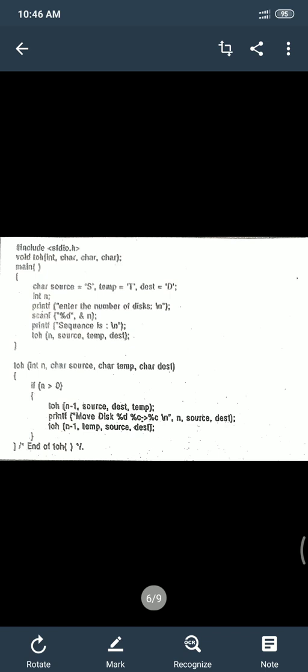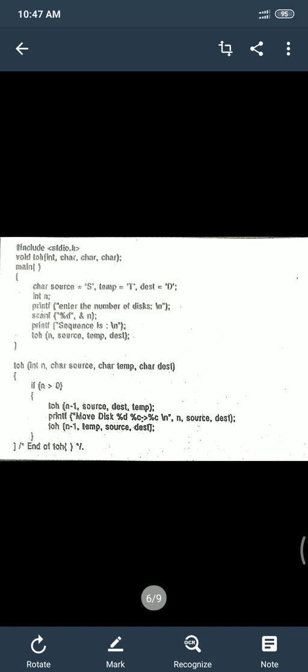You could see that void TOH, Tower of Hanoi, is a function name which includes 4 parameters: one of int type, and the other 3 of char type. Next, the main function. We have declared variables of type char: source equals s, temporary equals t, destination equals d.